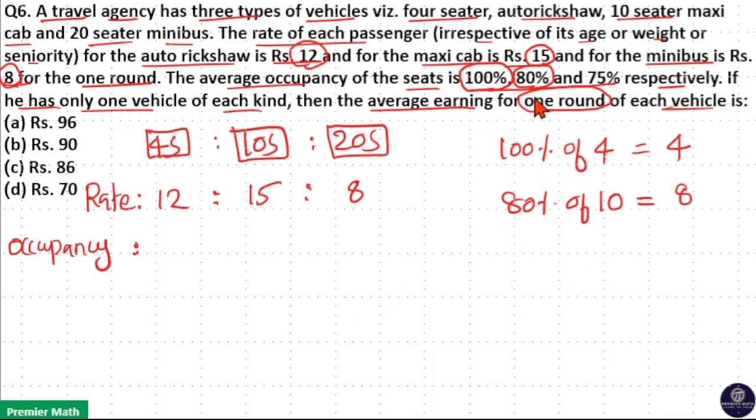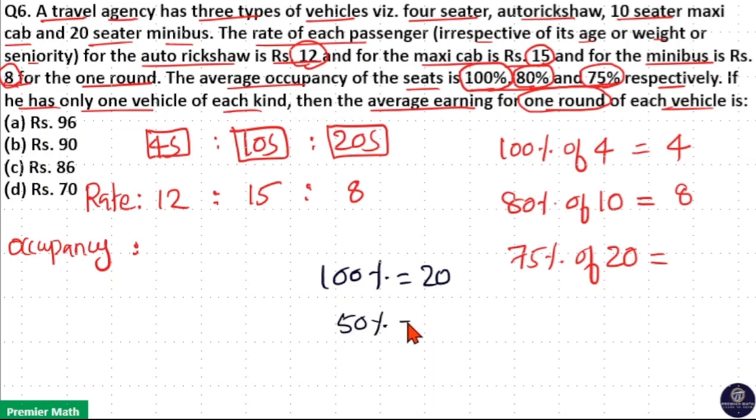Again, in the minibus, 75% of the seats are occupied. So 75% of the minibus's 20 seats. Here 100% is 20, then 50% is 10, and 25% is 5.